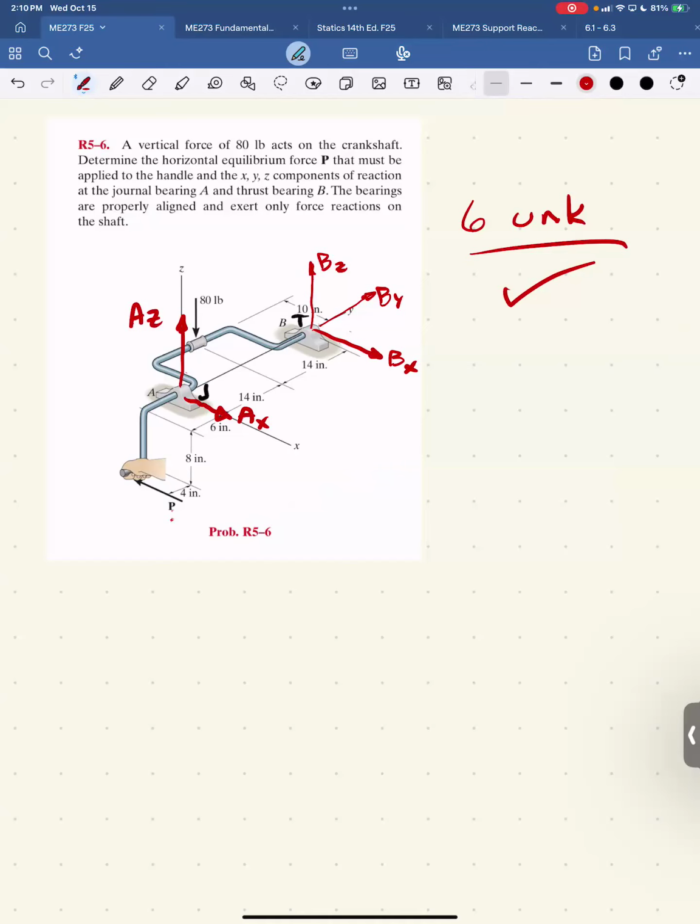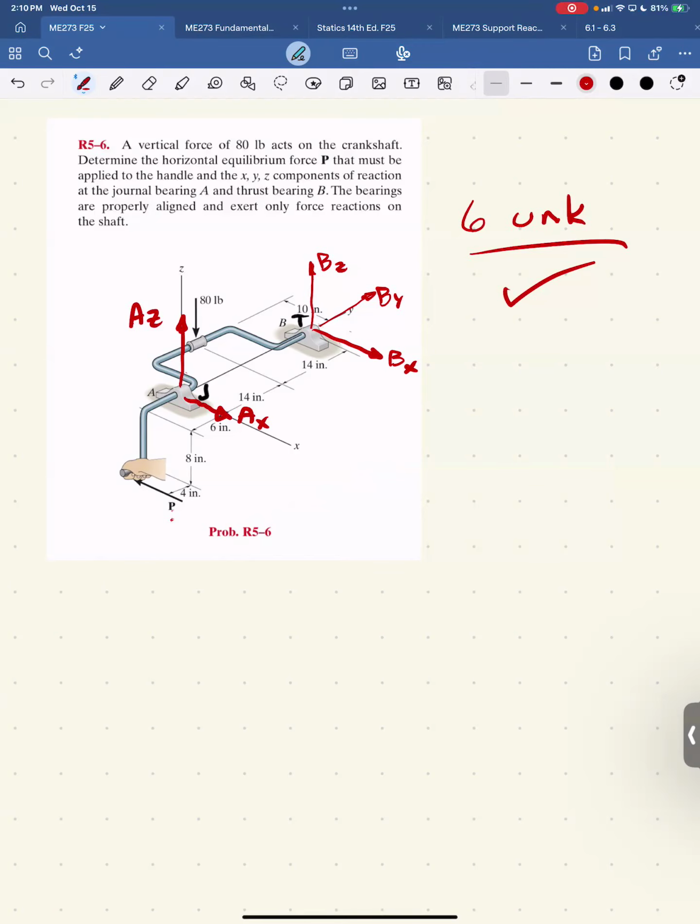You've got to be the one that reacts to that and keeps that journal bearing still. But once your buddy comes over to this point, to the origin, and lifts up on it, the moment goes away. And it's typically true. I mean, you can't solve for more than 6 unknowns, so most of the time, but not all the time, you get rid of the moment reactions for the bearings.